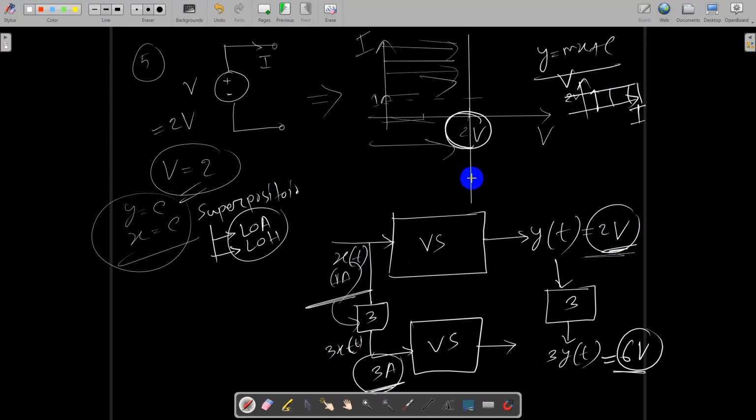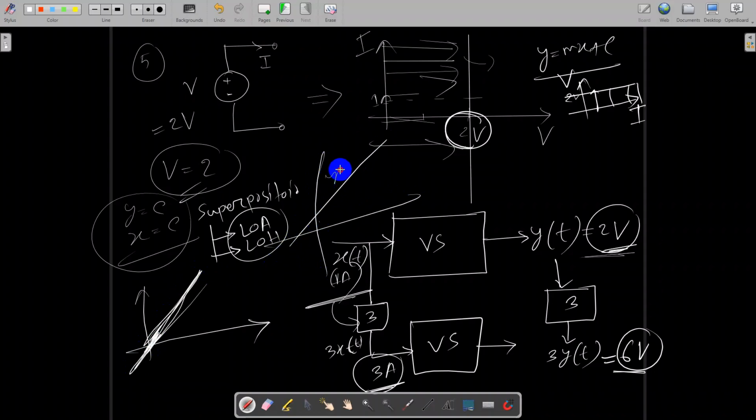So a linear line doesn't mean your source is linear. So what is the thumb rule? For a linear system, you have to check whether the line goes through the origin or not. If the straight line goes through the origin, it's linear. Otherwise not. This is also not linear: y is equal to mx plus c.